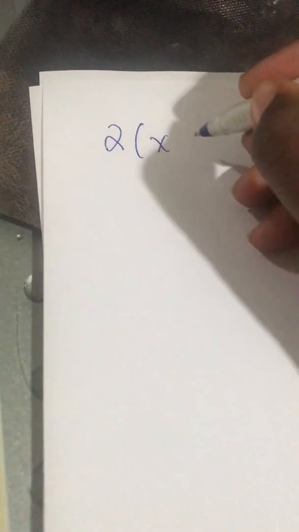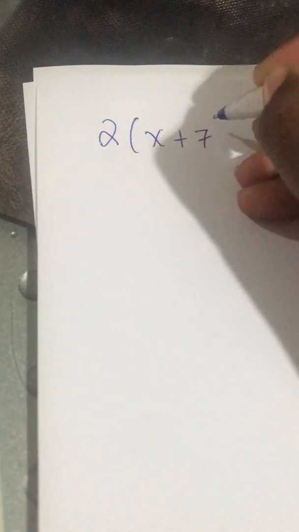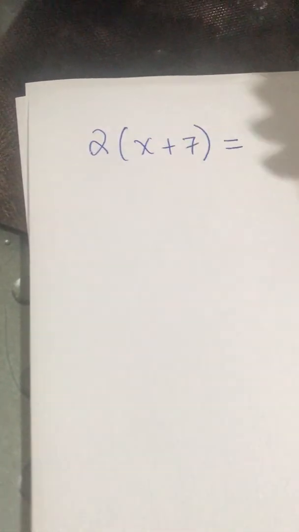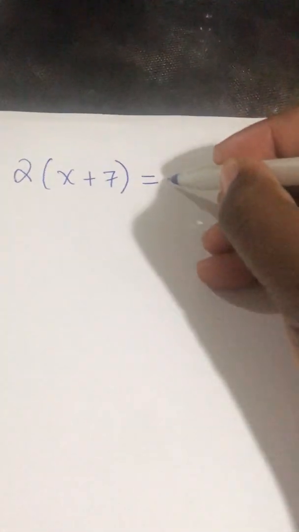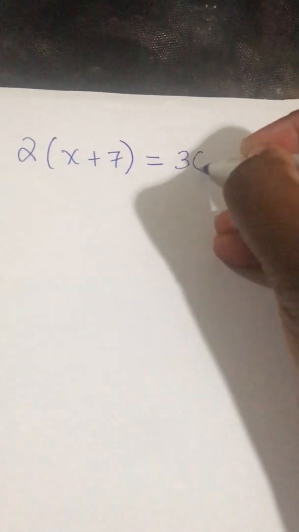Okay, so I will show you different ways of doing the same question. So let's do example 1. Let us write 2x plus 7 equals 36.